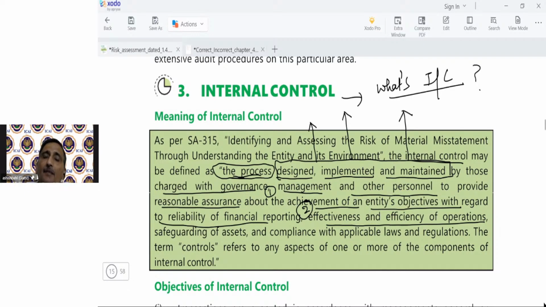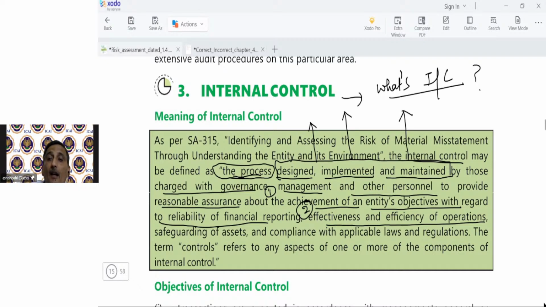Say if they have not made a proper control system on inventories, the employees might be involved in theft, in pilferage, in looting the company. The resources of the company might be looted by employees or other officials of the company.